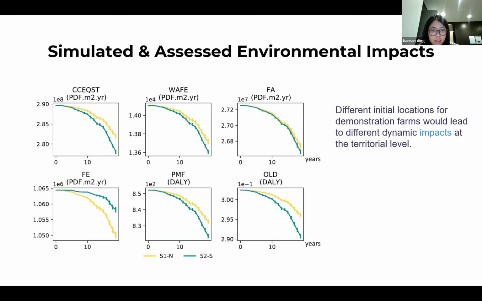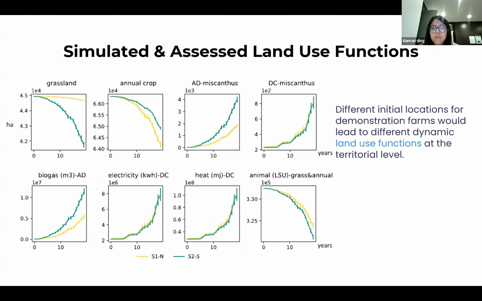In the end, we have the simulated results. For the environmental impacts, we can see that the environmental impacts are reducing over time after adopting the energy crop. But it will be different if the demonstration farm is located in the south or in the north. Same for the land use function.